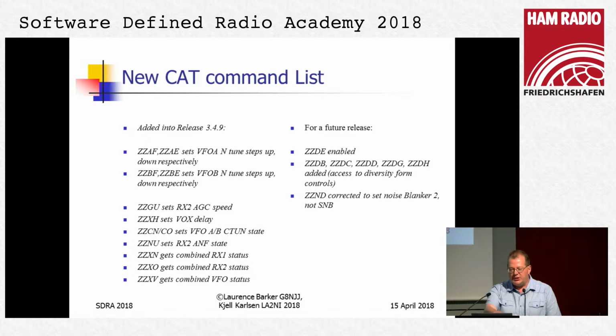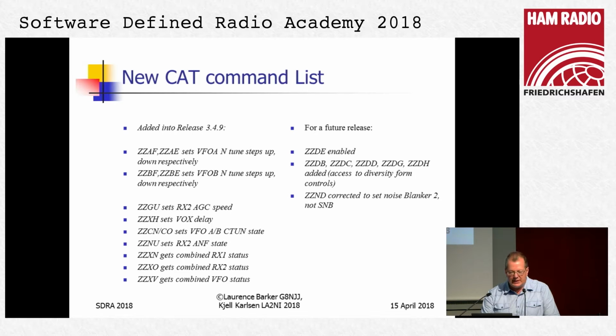Those on the left-hand side here are all released in the 3.4.9 release of PowerSDR. We have a few more to get into a future release where we've added the ability to set the diversity controls as well. So that's got PowerSDR ready to work with some alternative user interface.